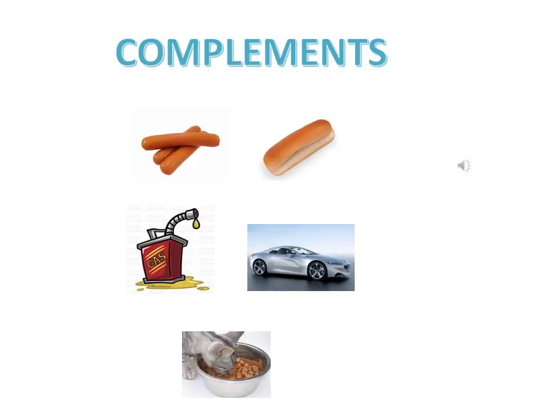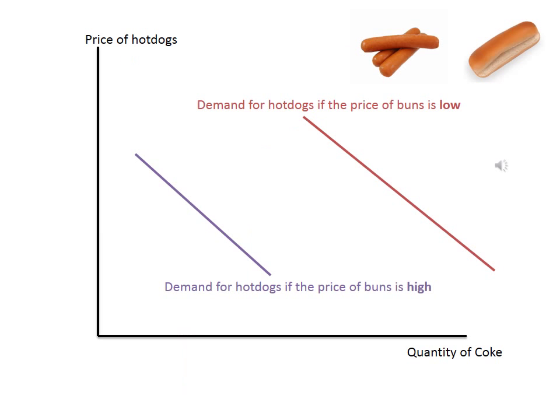Complements are the opposite of substitutes. With a complement, if you get one good, you are more likely to want to get its complement. So hot dogs and hot dog buns are complements, cars and gasoline are complements, and cats and cat food are complements. With complements, when you lower the price of a complement, you raise the demand for the original good. So you're more likely to buy a hot dog if the price of a hot dog bun is low.